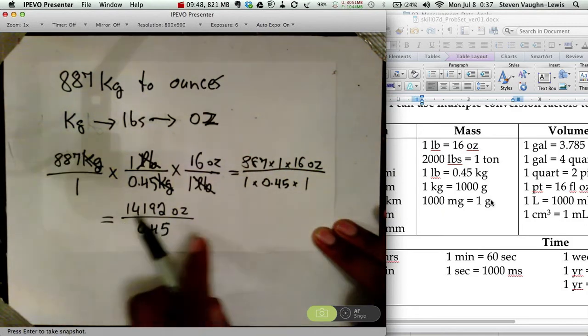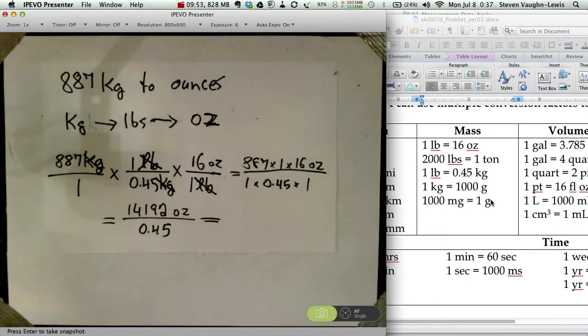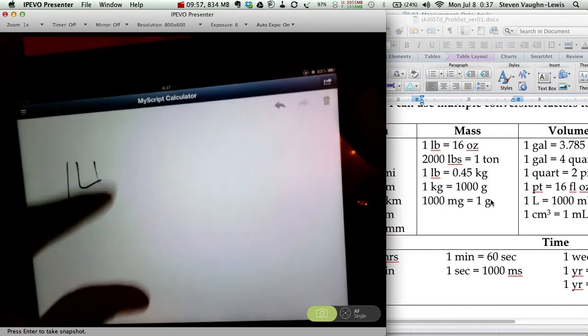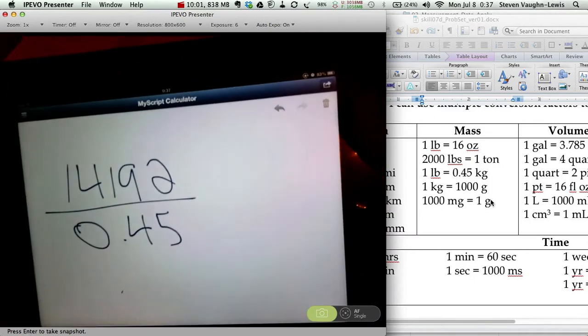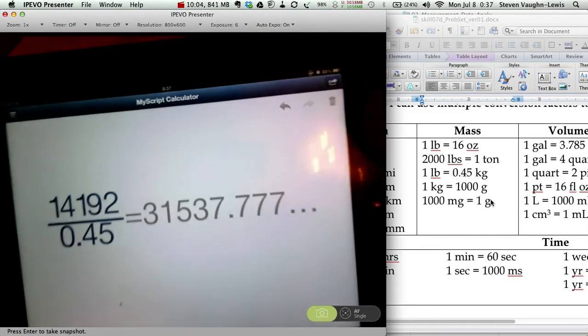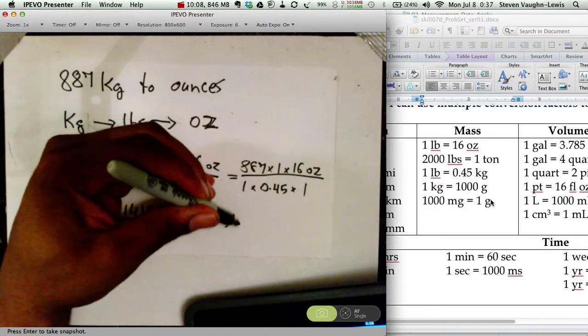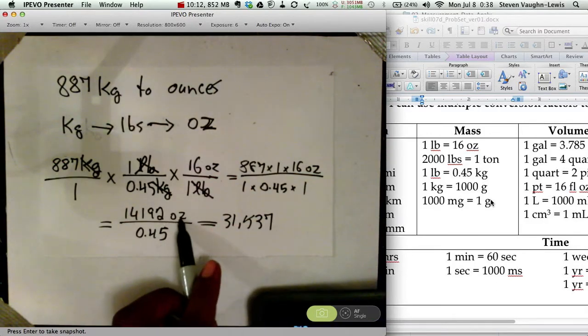And when I finally solve this fraction, 14192 divided by 0.45, I get 31,537. And what are my units? Ounces.